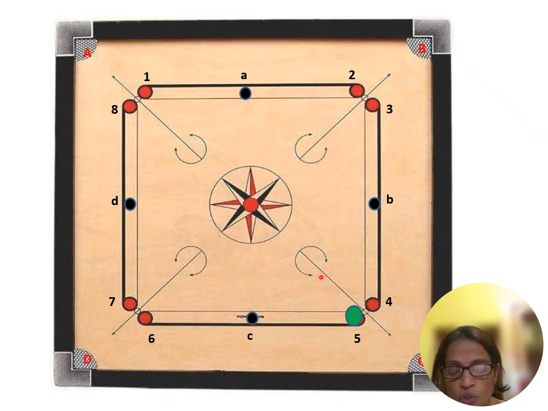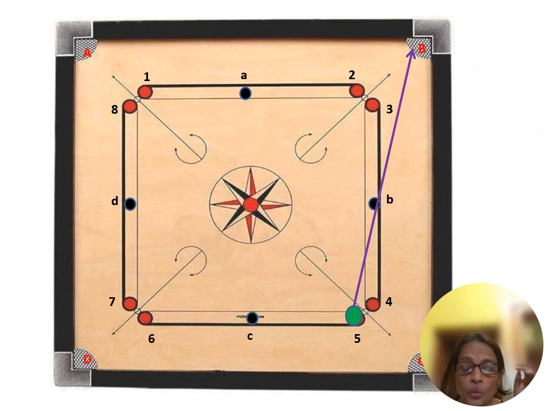So if that is to be done, what should be the answer? Obviously, it is B. So if you keep the striker in position 5 and push the options A, B, C or D into B, and the path has to be a straight line, obviously the answer is B.